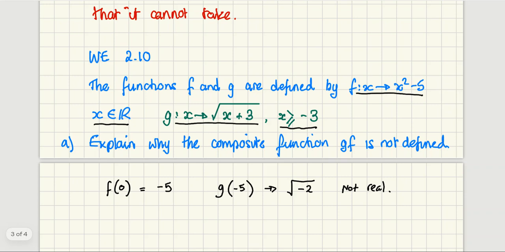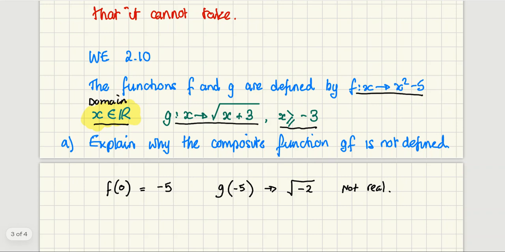So, what's the problem then, or how could we overcome this problem? Change the domain of the original function. Yeah, so the domain of the original function is the problem.